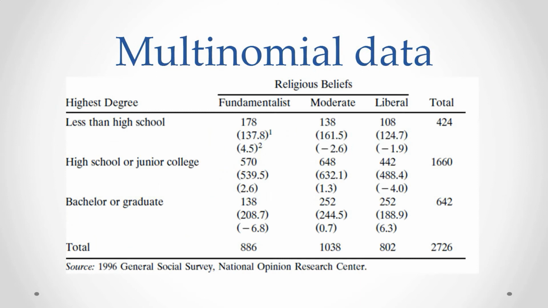The most popular and common kind of count data, of course, arises from a contingency table. So here is an example of a contingency table where we have looked at two factors. One is the highest degree which a person might have received, classified as less than high school or junior college, bachelor or graduate, and the other is the person's religious belief, fundamentalist, moderate, liberal.